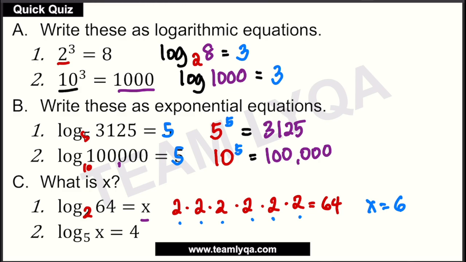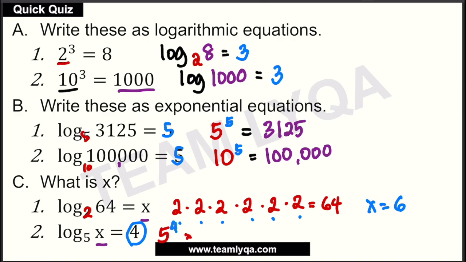Now, yung next naman, sabi, log base 5 of x is 4. Now, para malaman natin kung ano yung x, which this time is yung naging kinalabasan na number, ang gagawin lang natin is kukunin natin yung 5 as the base number. Tapos, i-raise natin siya doon sa binigay sa kabilang side ng equation, which is 4. So, 5 raised to 4.